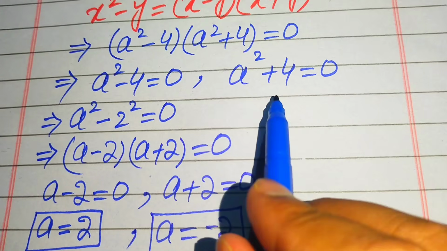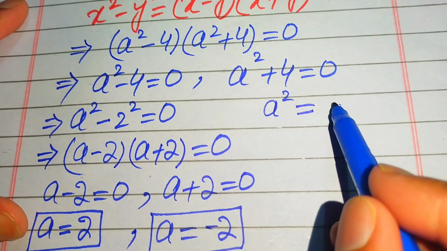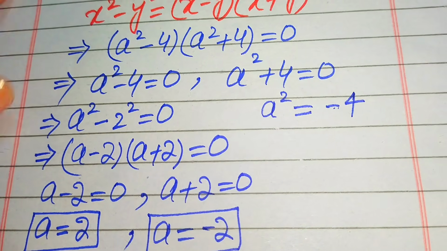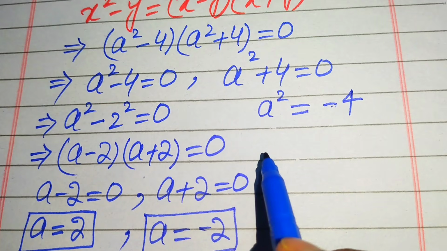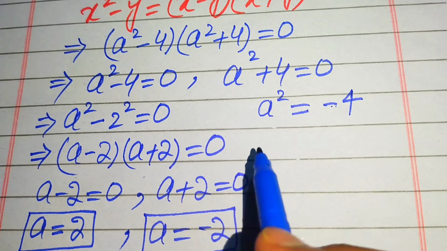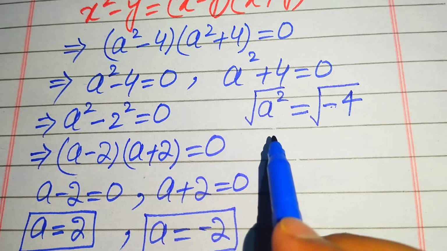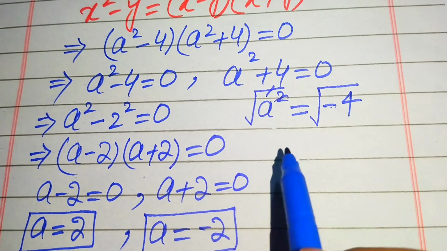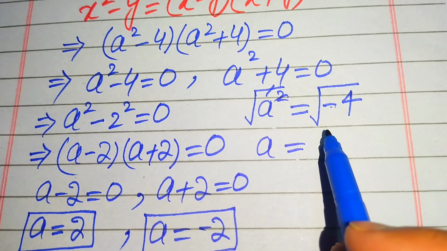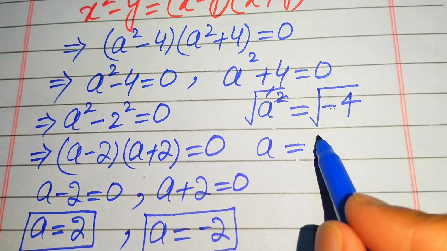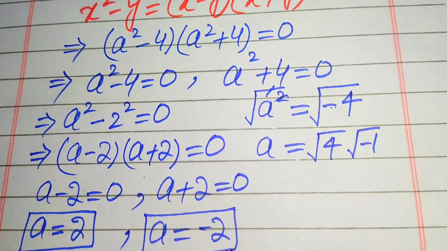If we rewrite this equation as a square is equal to, we move plus 4 to the right hand side and we get a square is equal to minus 4. For the values of a we need to remove this square sign, so we take the square root on both sides. The square and square root are gone, and we get a is equal to the square root of 4 times the square root of minus 1.